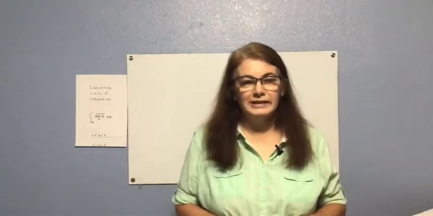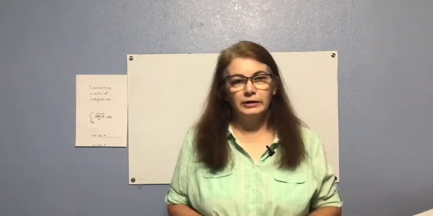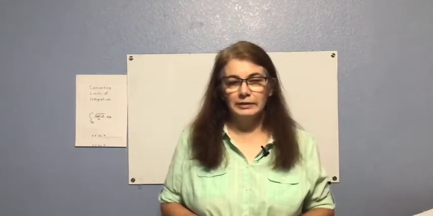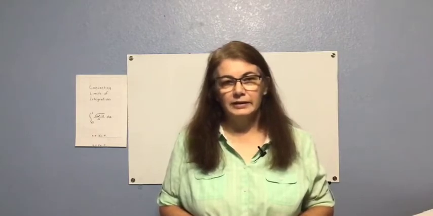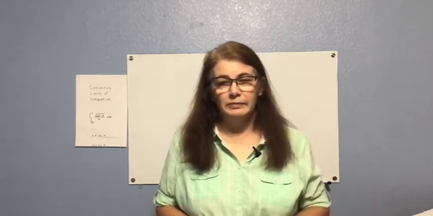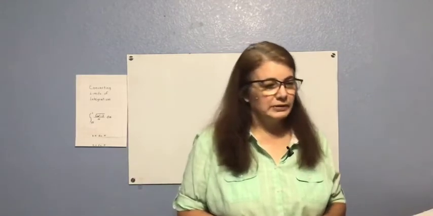When we're computing definite integrals, sometimes it's just easier to convert our limits of integration to theta instead of x, and we don't have to substitute back at the end of the problem. So we're going to look at an example of how that works.